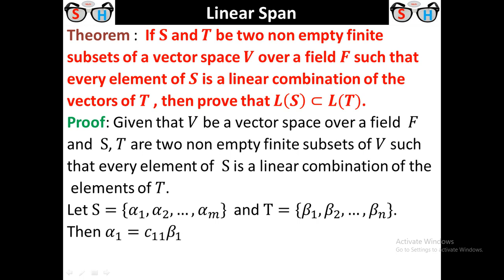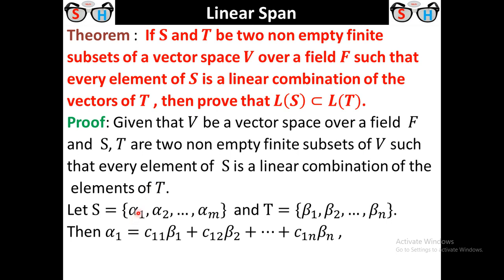Then alpha 1 equals c1 something beta 1 plus something beta 2 plus something beta n, because in the statement every element of S is a linear combination of the elements of T, that is, alpha 1 is a linear combination of the elements of T, alpha 2 is a linear combination of the elements of T, alpha m is a linear combination of the elements of T.